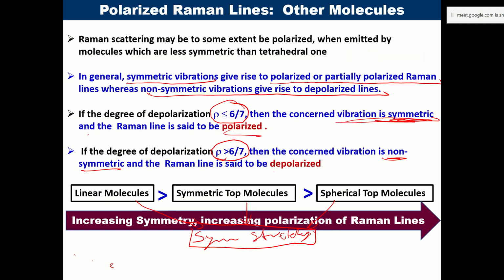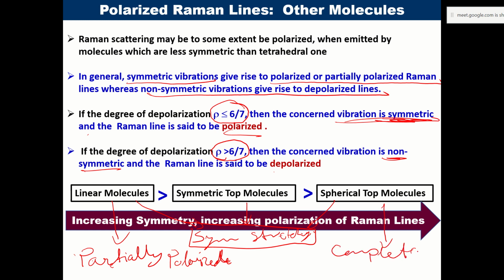Which means it will be partially polarized on this side for the linear molecule, on this side it will be completely polarized, but you will observe polarized signal for all the symmetric vibrations.